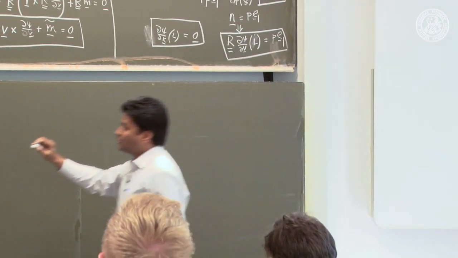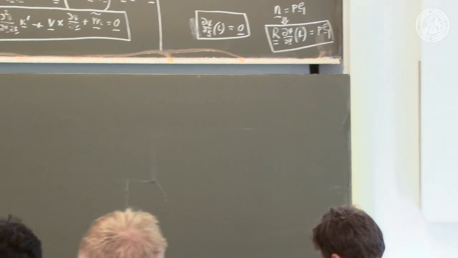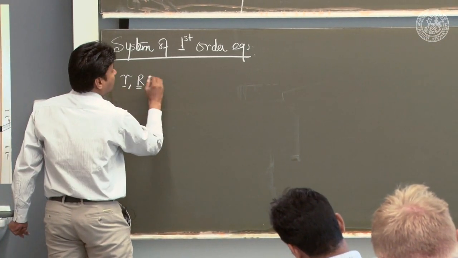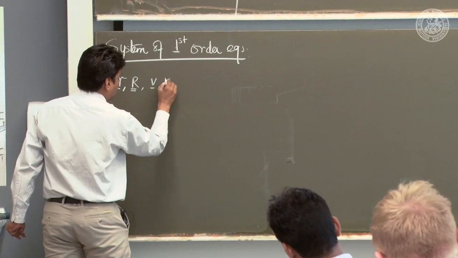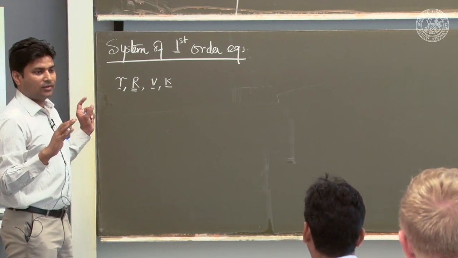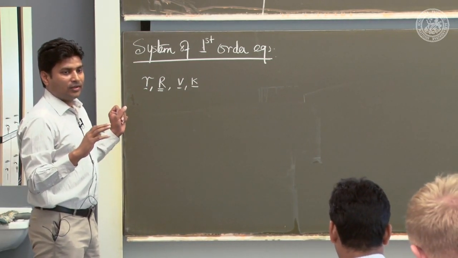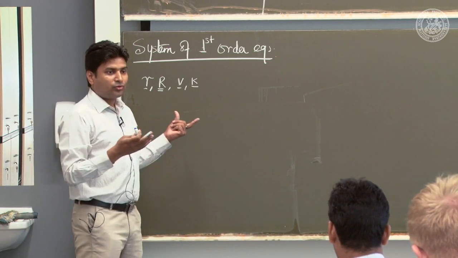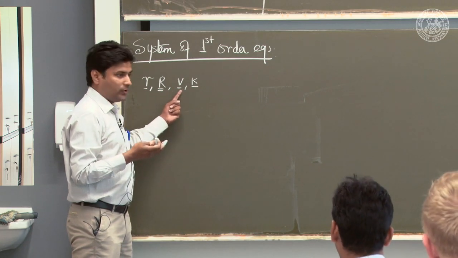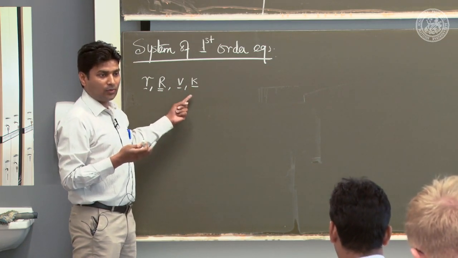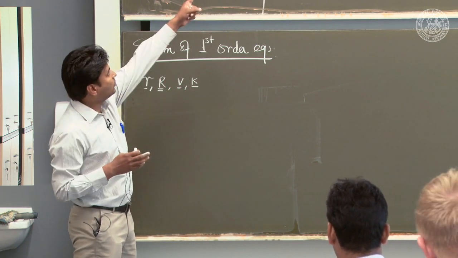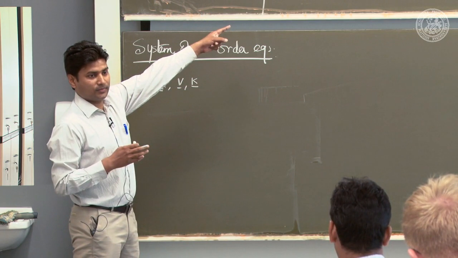So now we want to think of little r, big R, V and K as independent unknowns. Okay? So then of course we need more equations. Little r has got 3, big R has got 3, V has got 3, K has got 3, so 12 unknowns. So we need 12 equations. And as of now, we only have 6 equations here.